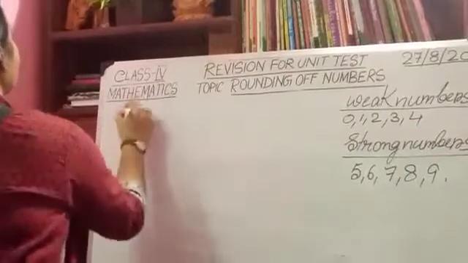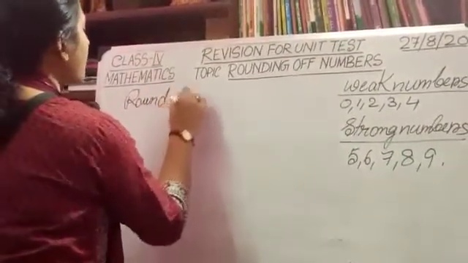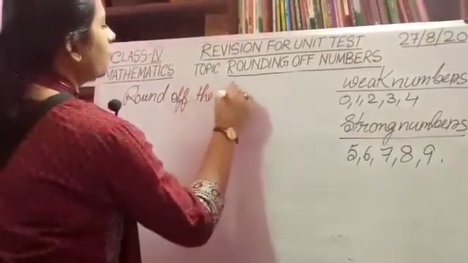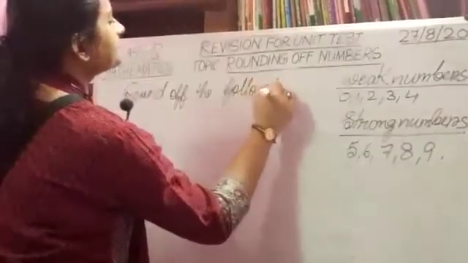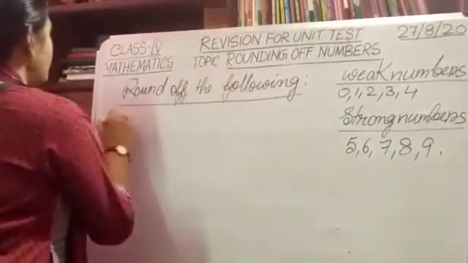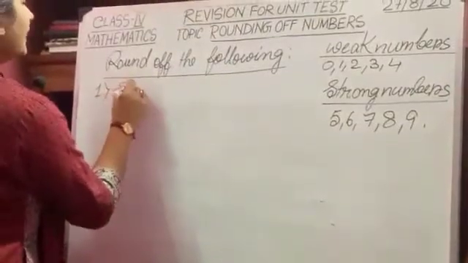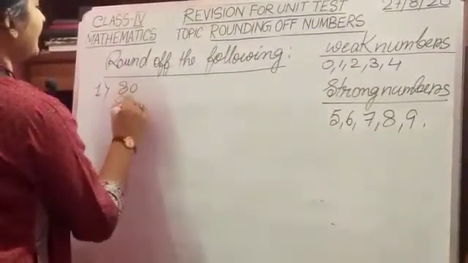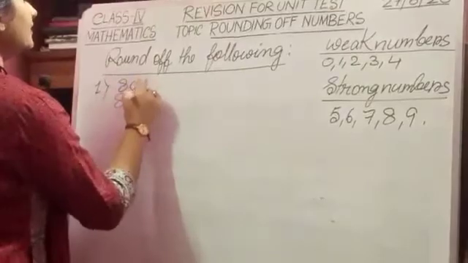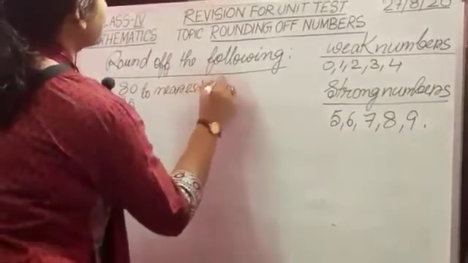Right? Now, I give you some sums. Round off the following numbers. Right? First of all, I'll give you a set of numbers. Round off 80 and 85 to their nearest tens.